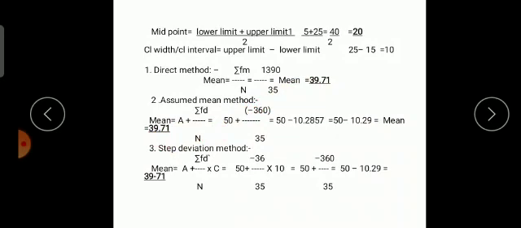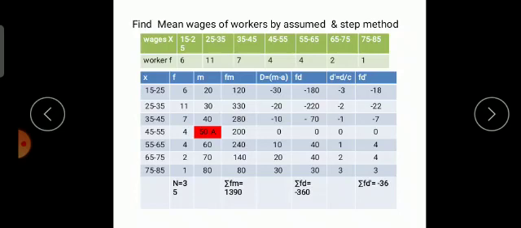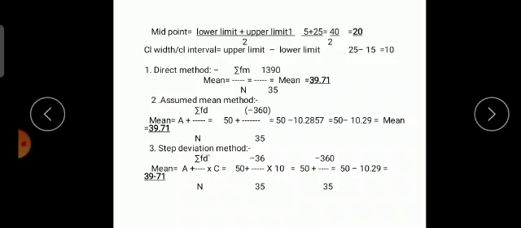Now for step deviation we need to find one more column, that is d dash, and c. Now what is d dash? d dash is d divided by c. Here c is the common width of the class interval. How do you find the common width of the class interval?